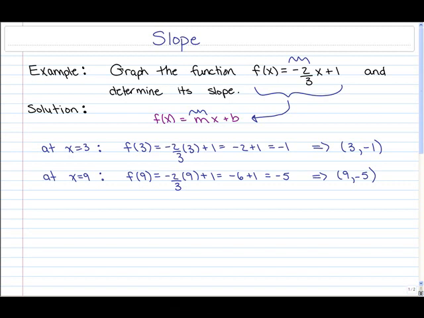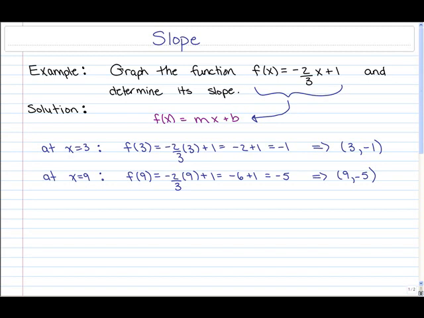So we know that the graph of our function should have a negative slope of 2/3, which means it's going to be a decreasing function, and we already know that our y-intercept is when x is 0, y is equal to 1.